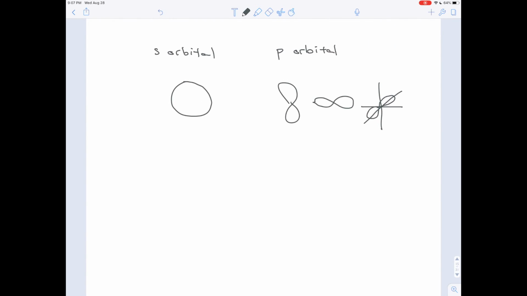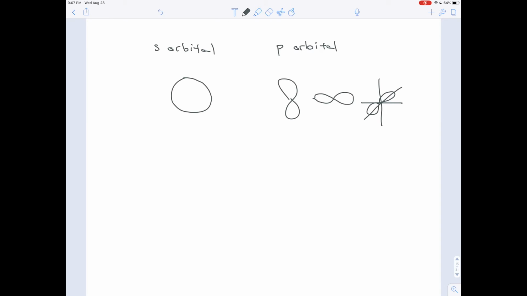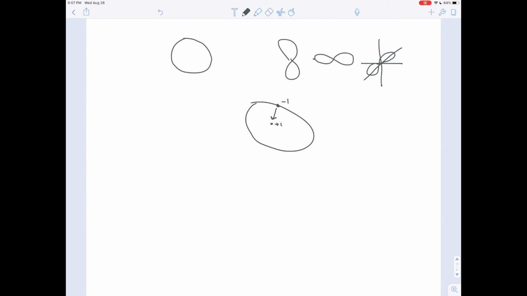The thing with these orbitals, though, is they are only strictly true for hydrogen. For every atom except for hydrogen, they're only approximations. And the reason for that is because in hydrogen you have one proton and one electron going around it, and it's easy to track how that one thing is attracted to that one other thing.